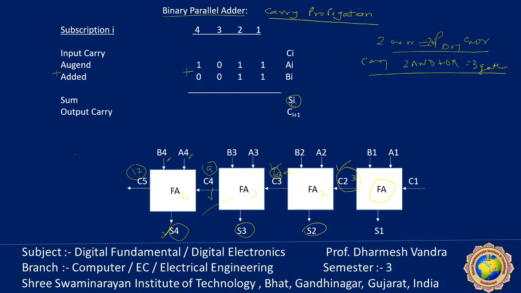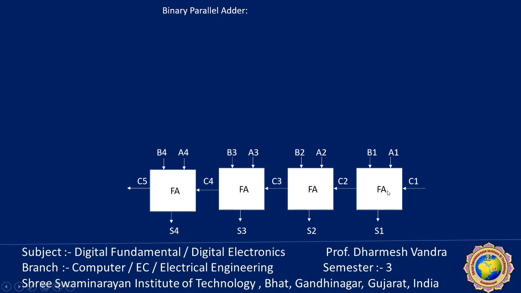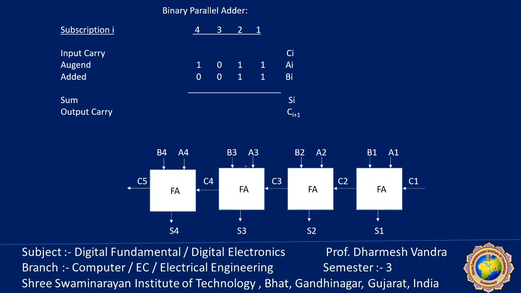C3 is not a stable input up to the previous stage. So all the carry inputs depend on the previous stage.